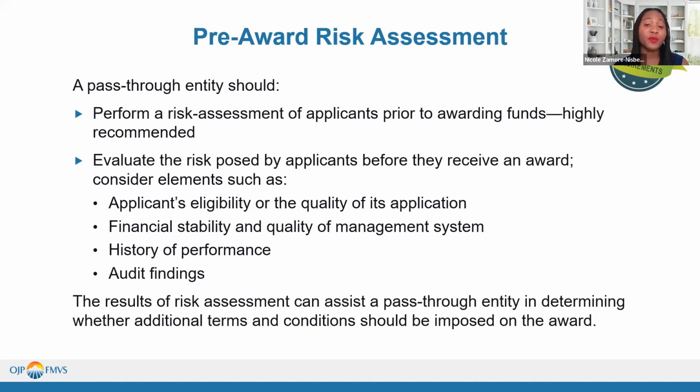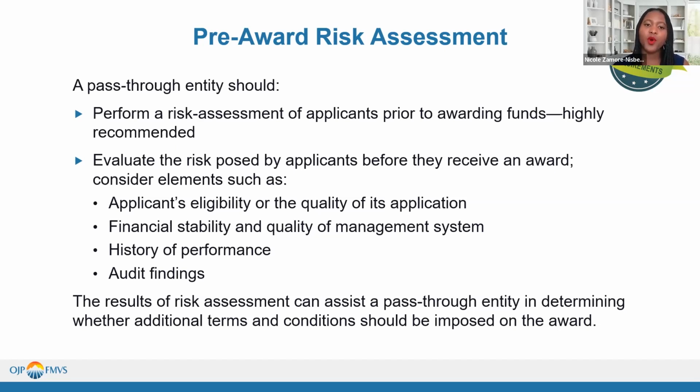In terms of pre-award assessment, we're going to review what pass-through entities should do during the pre-award phase. It is highly recommended that you perform a risk assessment of applicants prior to awarding the funds. For example, does the organization have the capacity to manage the federal award?